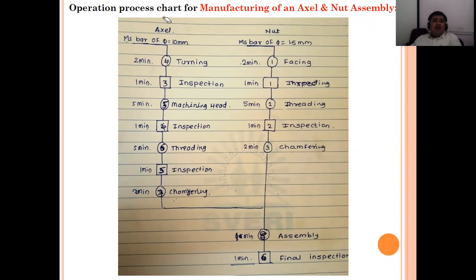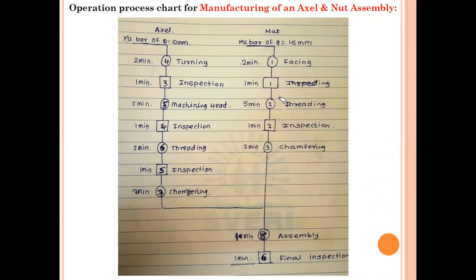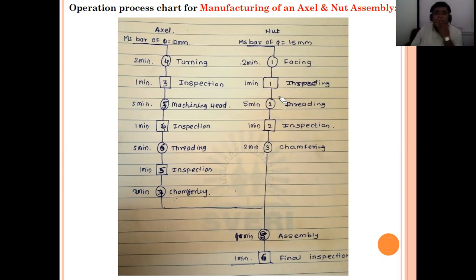By looking at this chart, those who know the symbols and the different operations can easily read this particular chart without writing detailed explanations. So this is called the operation process chart.